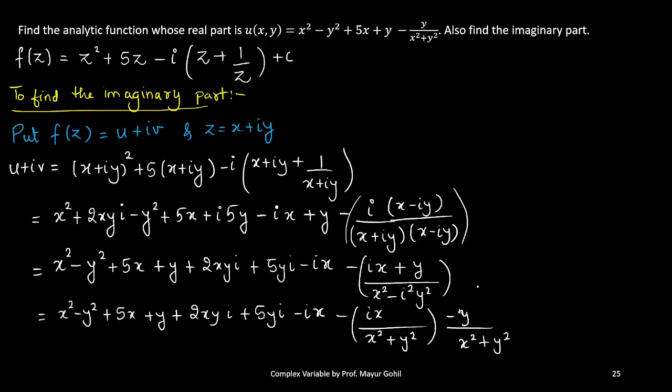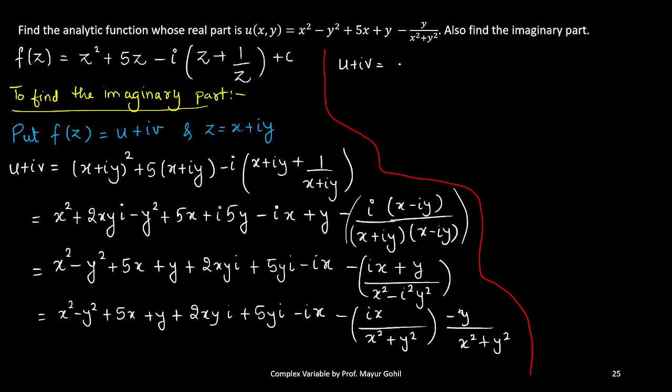Okay, so now let us write the term that we have. I'll put a separator here. So the term on the LHS we have is u plus iv. What do we get here? Just collect the real part and the imaginary part.